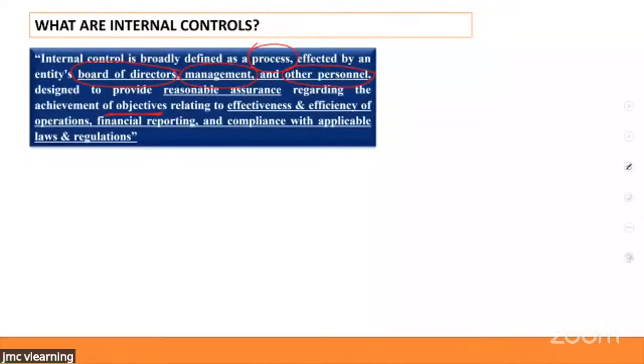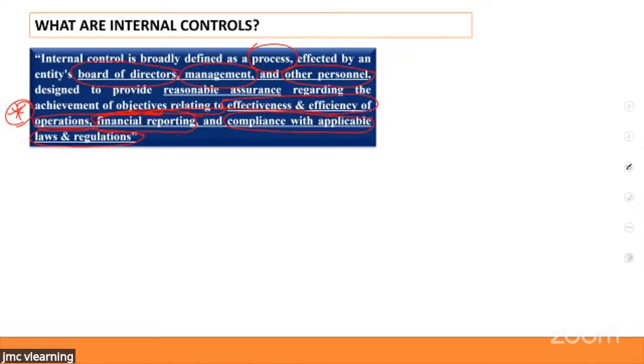Achievement of the objectives relating to effectiveness and efficiency of operations, then financial reporting, and compliance with applicable laws and regulations. That is one of the definitions of internal controls.